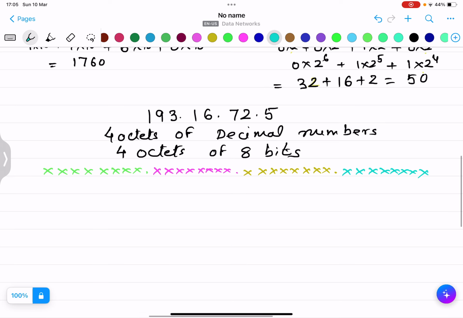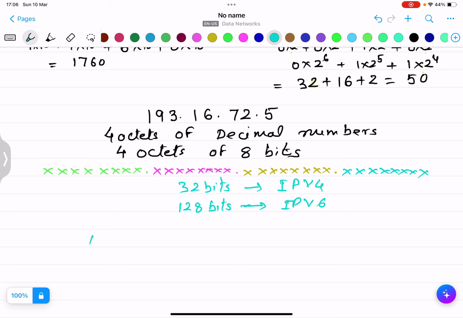It will be in this form depending upon the value of the number. We will go in detail about it as we go on. So basically the IP address has 32 bits, and I'm saying it's 4 octets of 8 bits. So when we are using IP version 4, it has 32 bits, and when we are using IP version 6, it will be 128 bits.